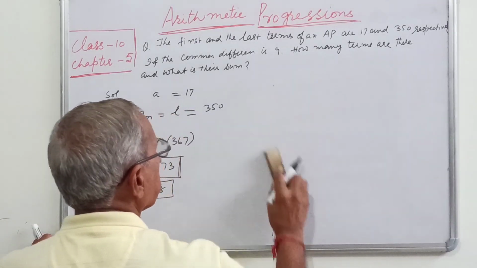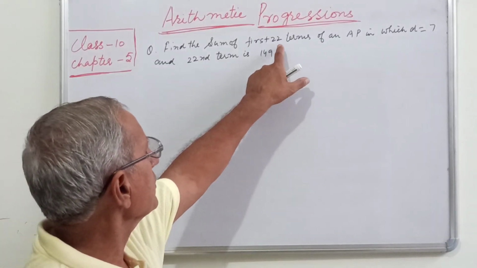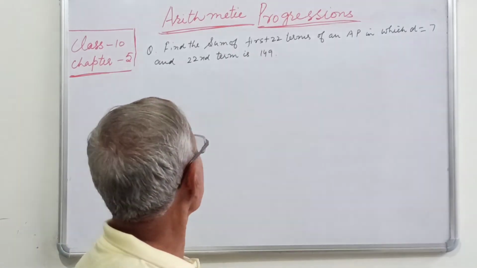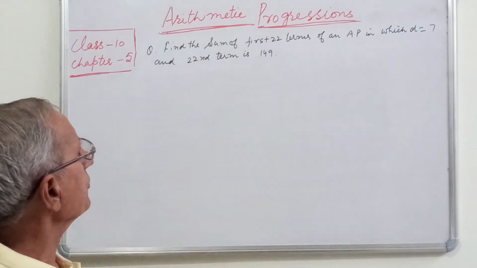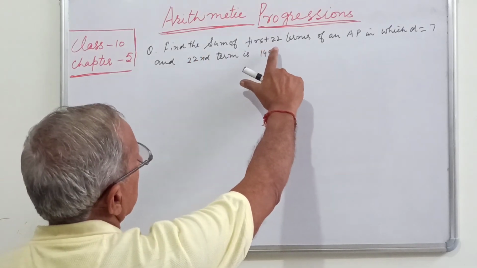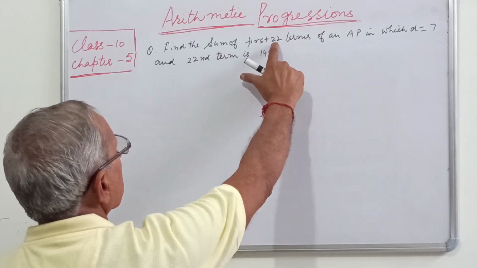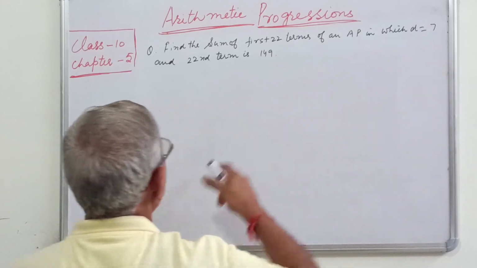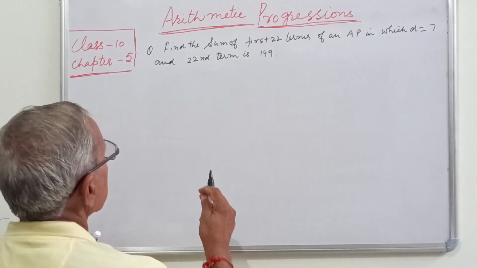नेक्स्ट क्वेश्चन. द नेक्स्ट क्वेश्चन हियर इज find the sum of the first 22 terms of an AP in which D is equal to 7 and the 22nd term is 149. अब इसमें क्या दे रखा है? सम ऑफ, हमें इसमें सम ऑफ 22 टर्म्स निकालने हैं. मीन्स n is given 22, D is given 7 and the AN is given 149.